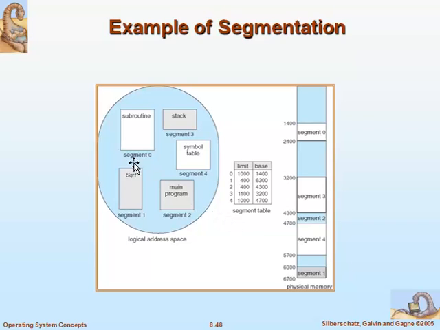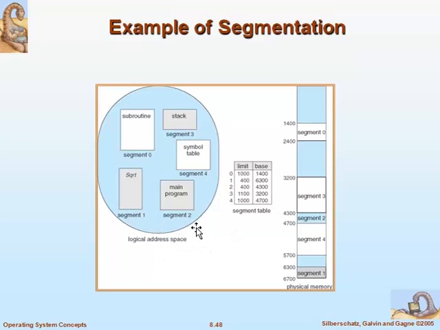Now we will consider segment number 0. Segment number 0 has a starting address of 1400 on the physical memory. That is where we have segment 0, and from there it has a length of 1000. You can see the length is 1000, 1400 plus 1000 is 2400. So segment 0 resides in 1400 to 2400.